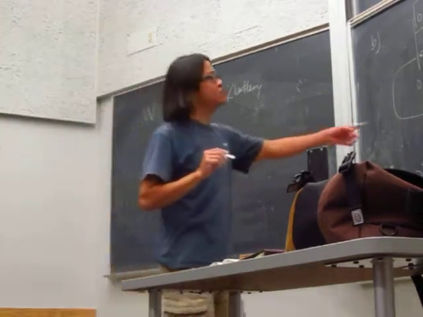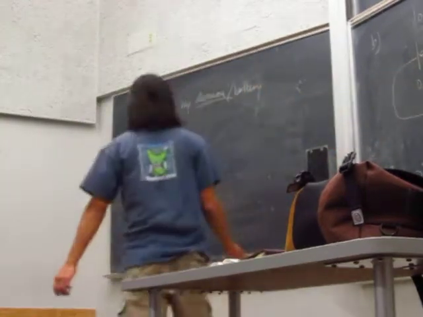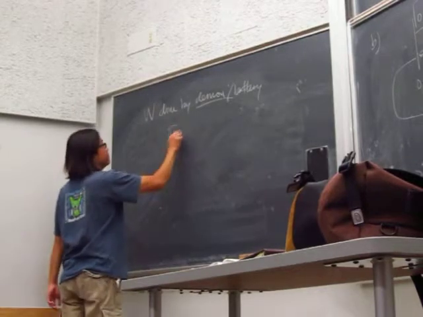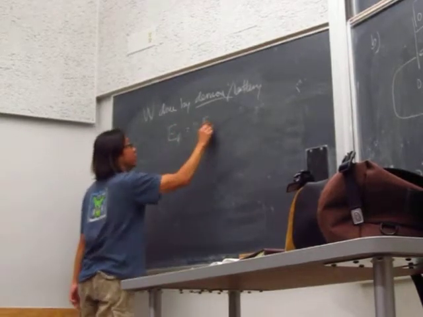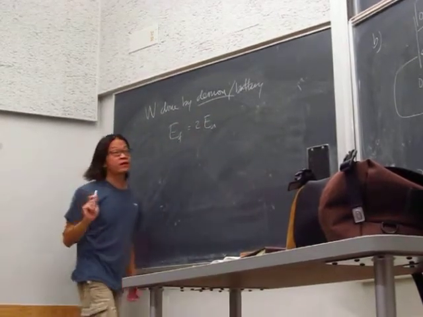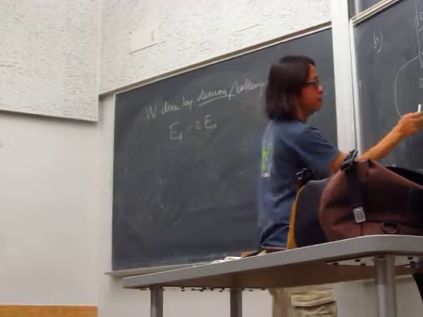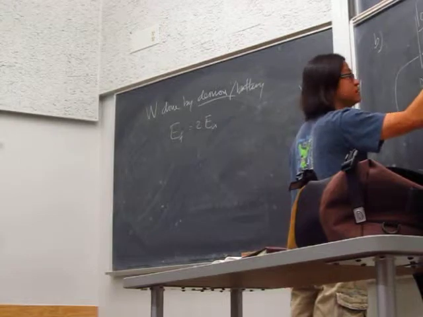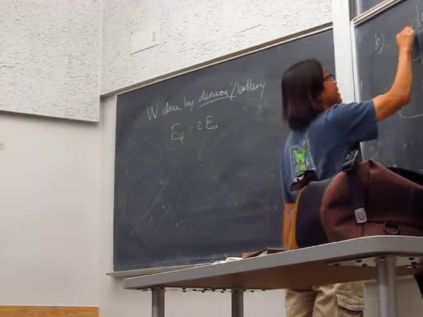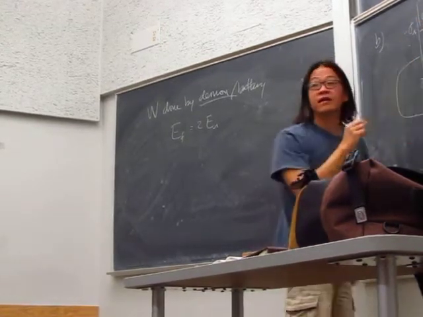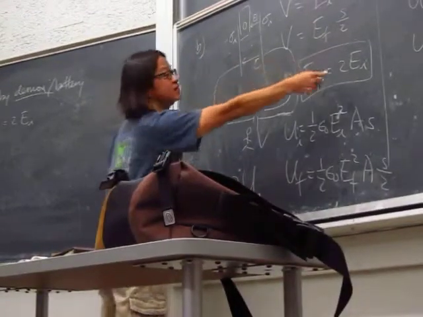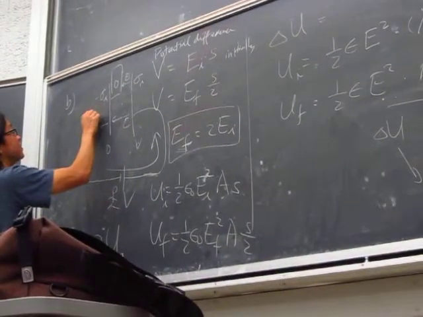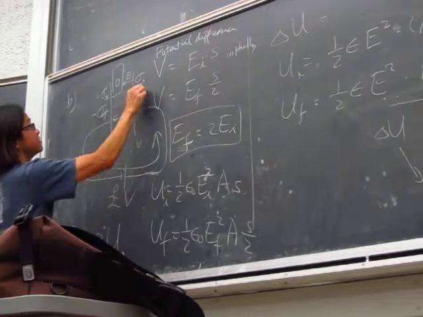So how much work is it? The electric field doubles; E_f becomes 2E_i. Then what happens here is that the guy here has to supply more charge. Originally you have minus sigma_i here, and then suddenly the E field doubles, so this becomes sigma final.